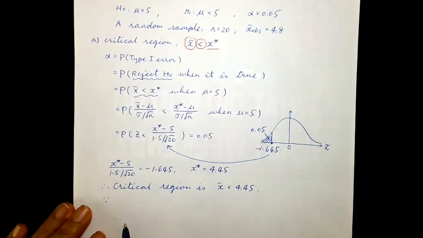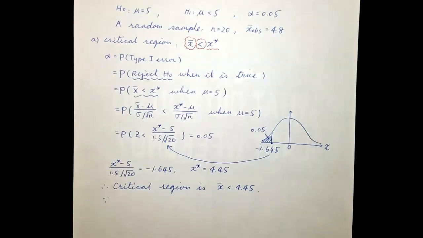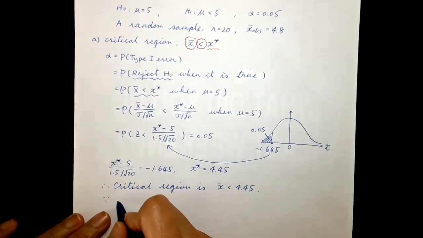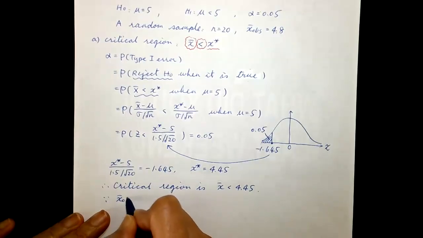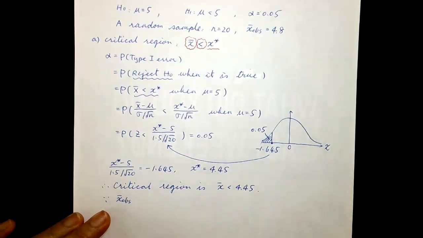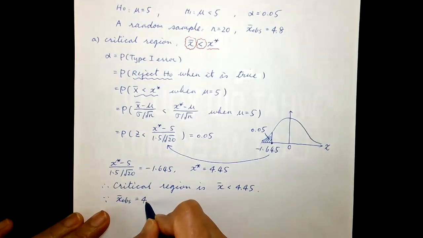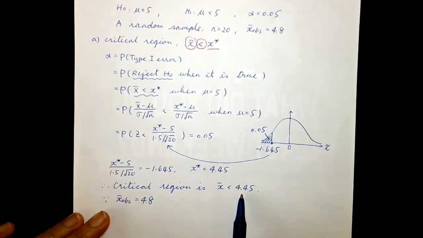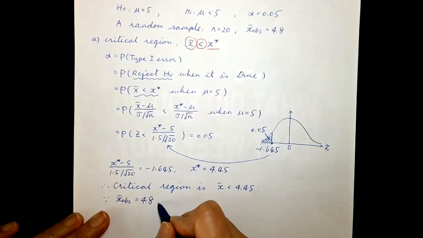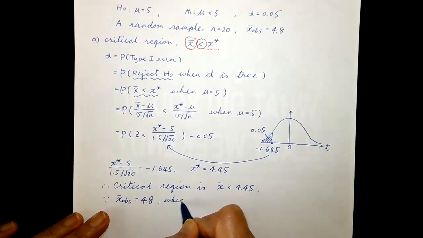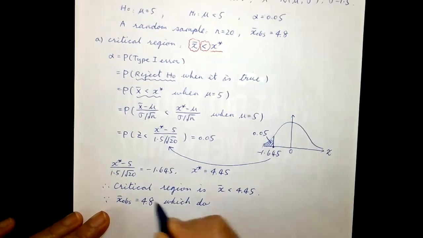Now use this critical region to draw conclusion. By drawing conclusion, that means you need to reject H naught or you do not reject H naught. So let's see what our sample has as a sample mean. It is 4.8. 4.8 is not that small, right?